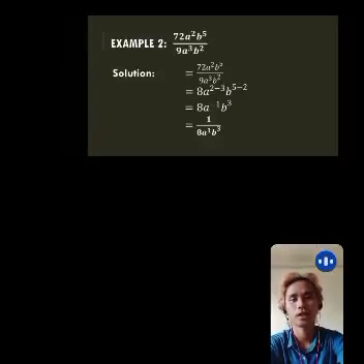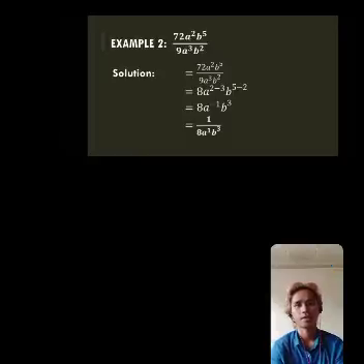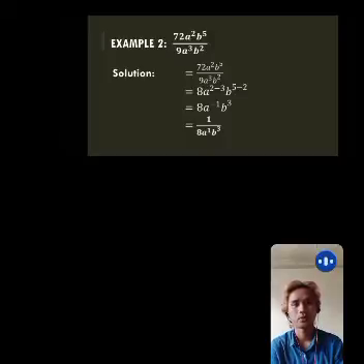Okay, now for the next example, example number 2, we have 72a squared b raised to 5 over 9a cubed b squared. To simplify that, we have to subtract the exponents of the same base.